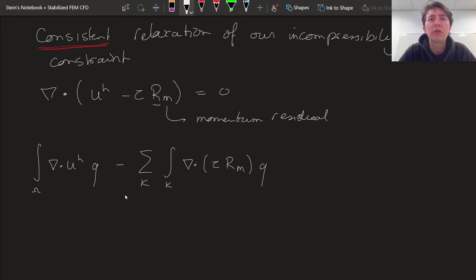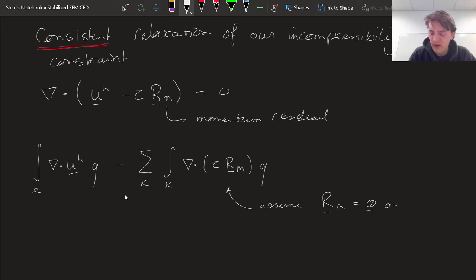And then the way that we typically make use of this is we don't like to have any additional derivatives on our residuals, so we do integration by parts. Now this is where the physical interpretation doesn't 100% fit. If you would do integration by parts, you would actually also get boundary integrals. And so now we assume that the momentum residual, which is vector valued, or maybe even more specifically R_m dot n, the residual times the normal vector, is equal to 0 on the boundary of each element.